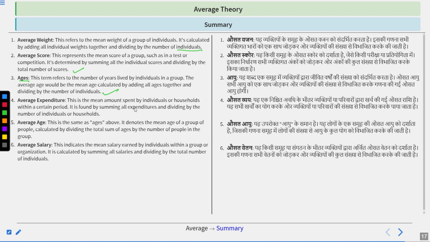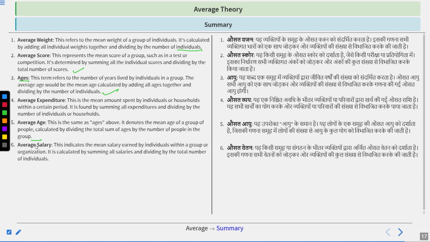It is found by summing all expenditures and dividing by the number of individuals or households. The average age denotes the mean age of a group of people, calculated by dividing the total sum of the ages by the number of people in the group.